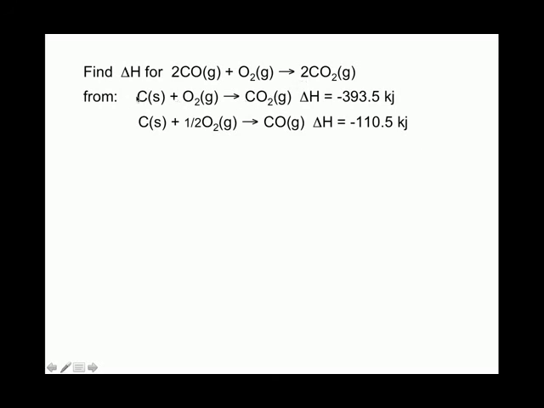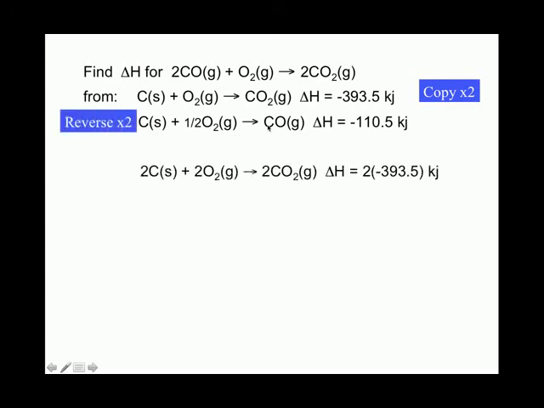So I'm going to have to multiply this entire equation, including that value, by 2. So what about this one? Okay, here's my CO, and it's on the right. But in my equation I want to come up with, it's on the left. There are two of them. Here there's only one. So I'm going to have to take this equation, multiply it by 2, and reverse it.